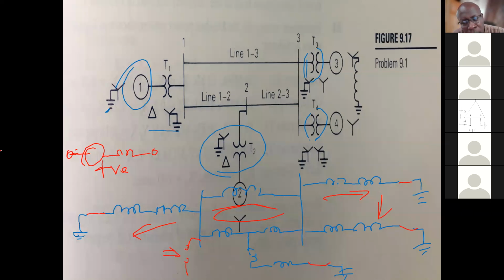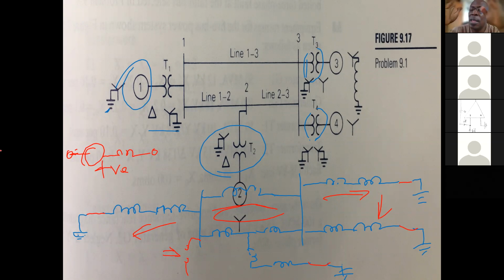Yes, sir, I am. So when I say them acting at the same time, I mean exactly the same time, because the standard time to clear a fault would be somewhere in the region of about 400 milliseconds.